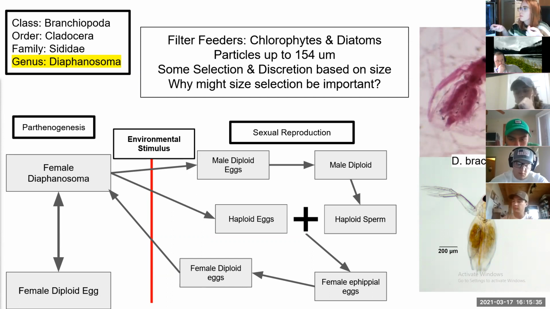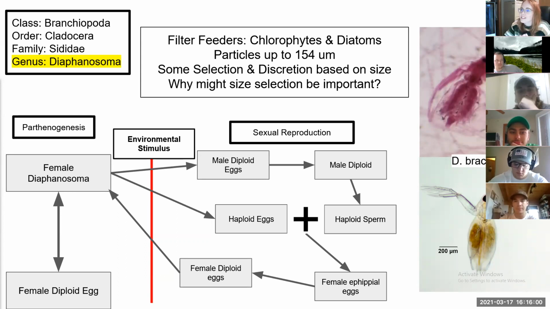What's cool about them is they show some size selection and discretion based on the size of the particle and the makeup of the particle. Why do you think that might be important? If you're able to choose your food and everyone else just has to take what is around them and you can have the most nutritious, what does that do? Gives you an advantage. Yeah, a competitive advantage. Exactly.